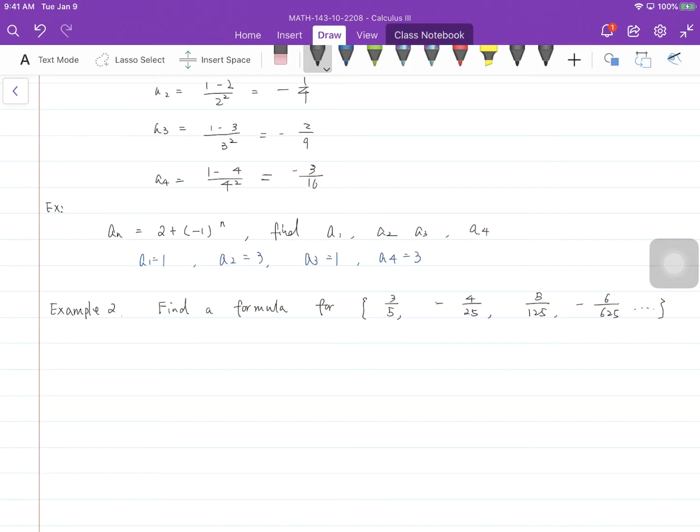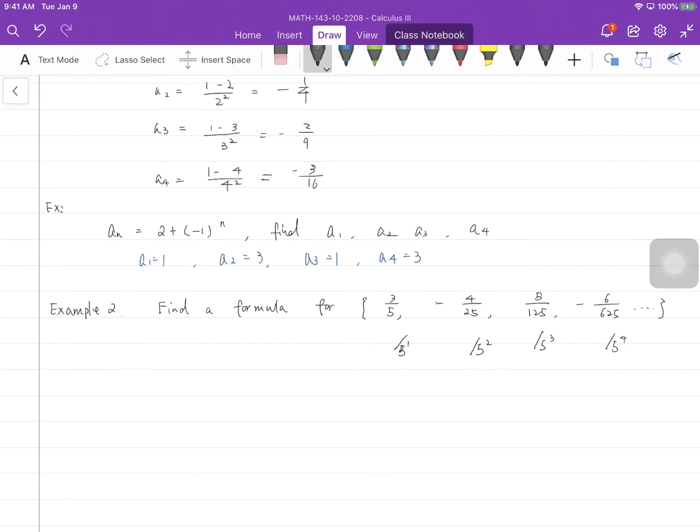Now, firstly, let's take a look at those numbers. If we look at the denominator, we notice there are 5, 25, 125, 625. Can you see what those numbers are? They are 5 to the power 1, 5 to the power 2, 5 to the third power, 5 to the fourth power.